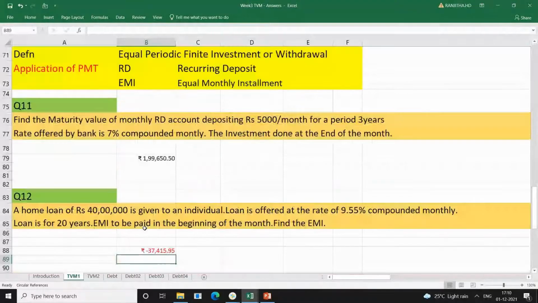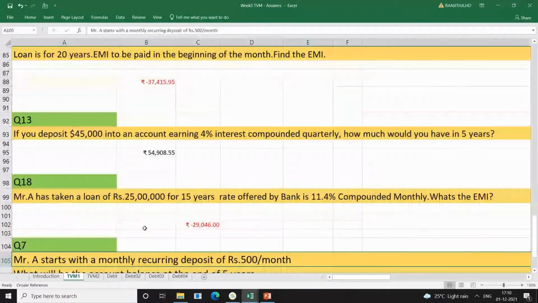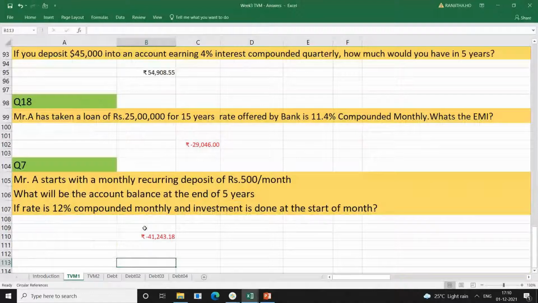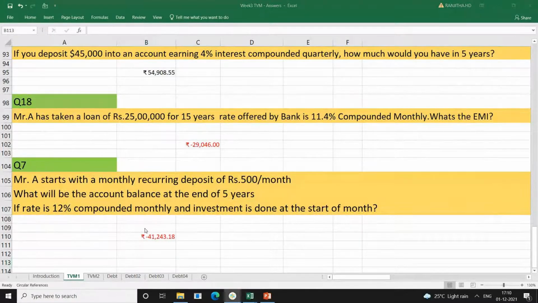Can you tell me the question? Read the question now, or you send me on WhatsApp. Let me check the question.